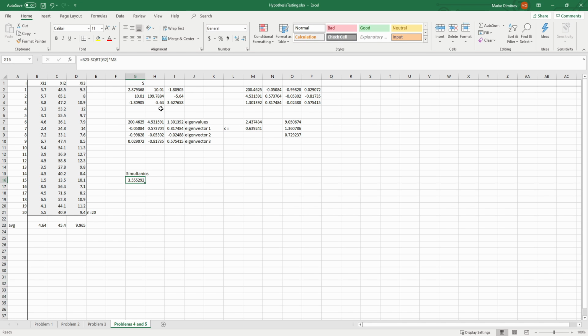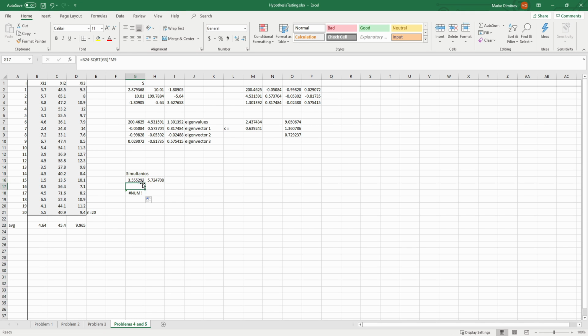The same we need to do for each of those. So this is the lower limit. For the upper limit, basically everything is the same, but we have plus.